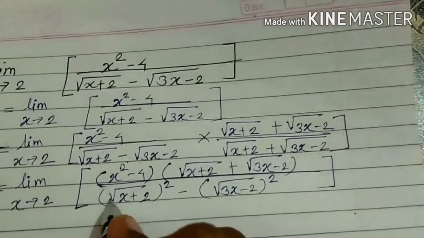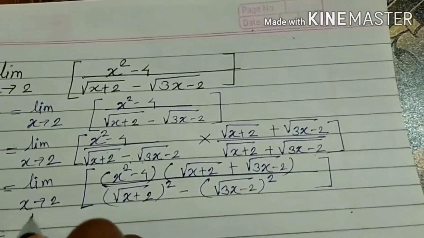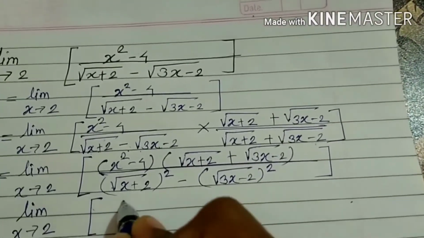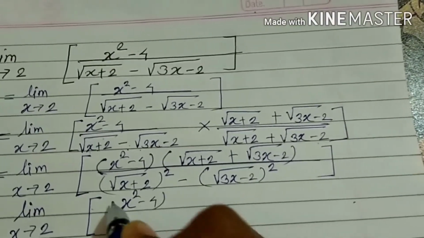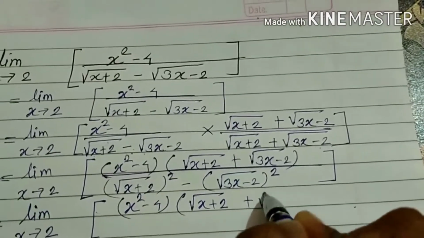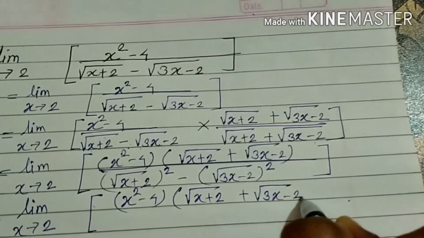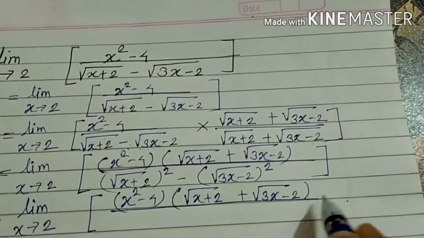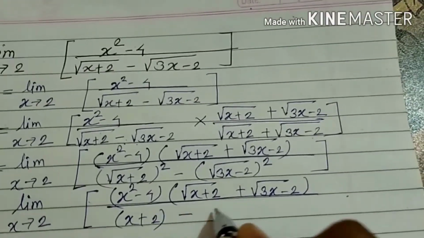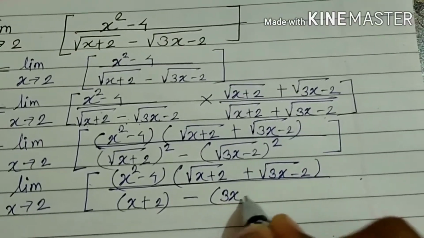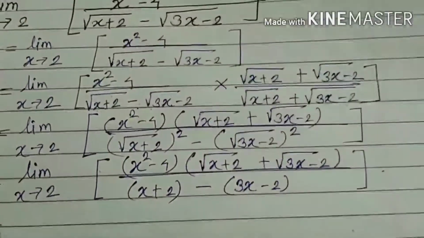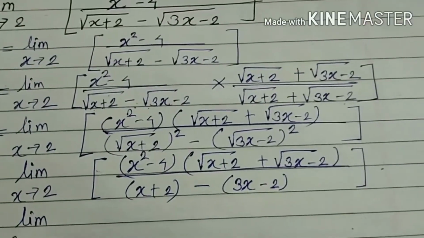Now we know that the square and square root get cancelled, so in the next step x square minus 4, and here root x plus 2 plus root 3x minus 2 divided by, now this x plus 2, this is minus sign, and this is 3x minus 2. Okay. So limit x tends to 2.